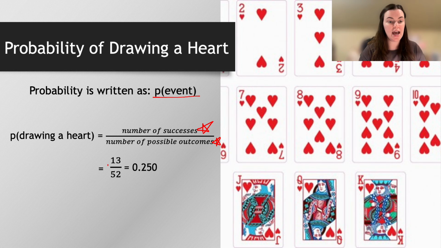So each one has 13 options here. So that is my probable number of successes, right? There are 13 cards in a standard deck that are hearts. Out of 52, which is all of the possibility of cards that I draw, I have a probability of 0.25 of drawing a heart from a standard deck of cards, or in other words, I have a 25% chance.